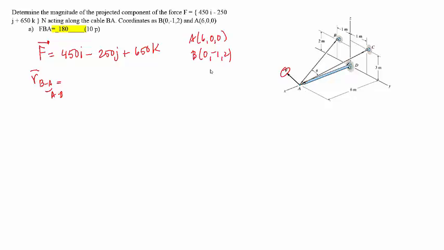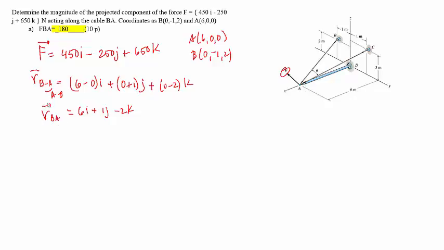Okay, so what I need to make sure is I have from A to B, I have 6 minus 0 i plus 0 plus 1 minus j plus 0 minus 2 k, so it would be 6i plus 1j minus 2k.